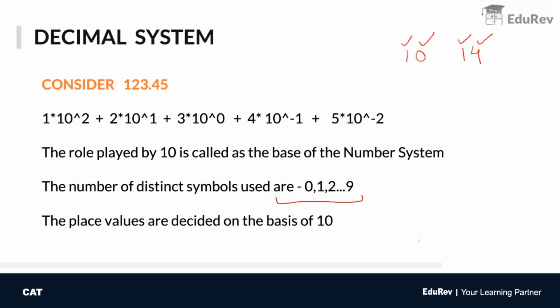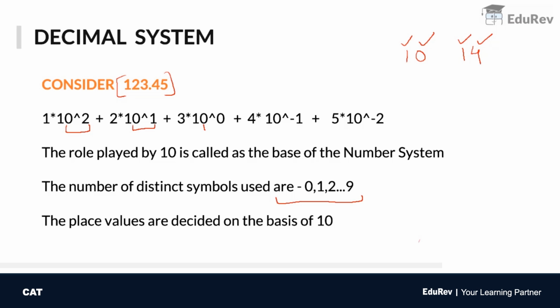Now let's consider an example, 123.45. Now can I break this number as 1 into 10 square? That is 1 into 100, then 2 into 10 raised to 1, because 1 is at the hundreds place, 2 is at the tens place.